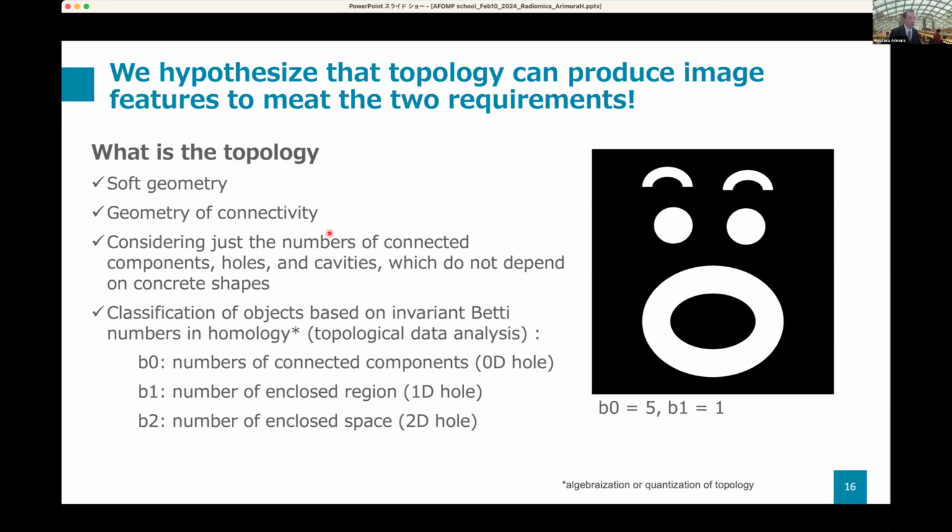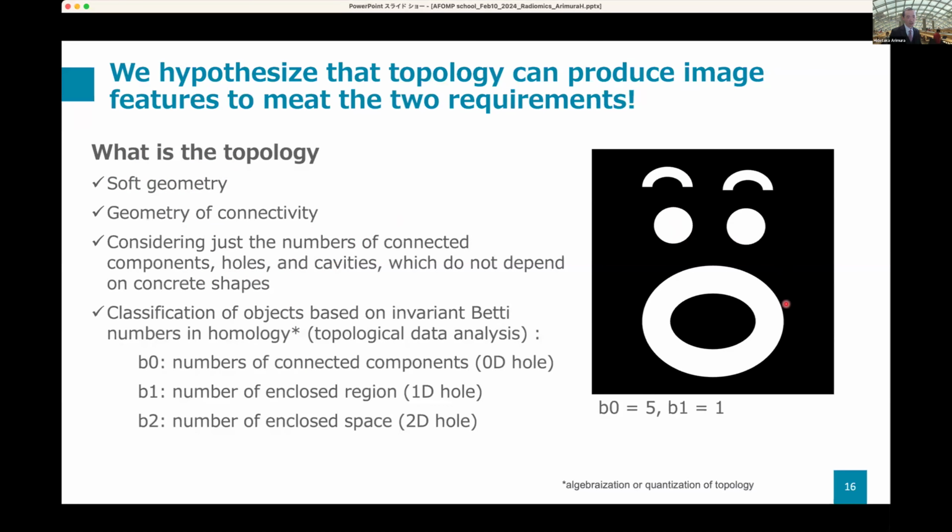We just consider the numbers of connected components or holes or cavities. We don't care about concrete shapes. Here's an example.